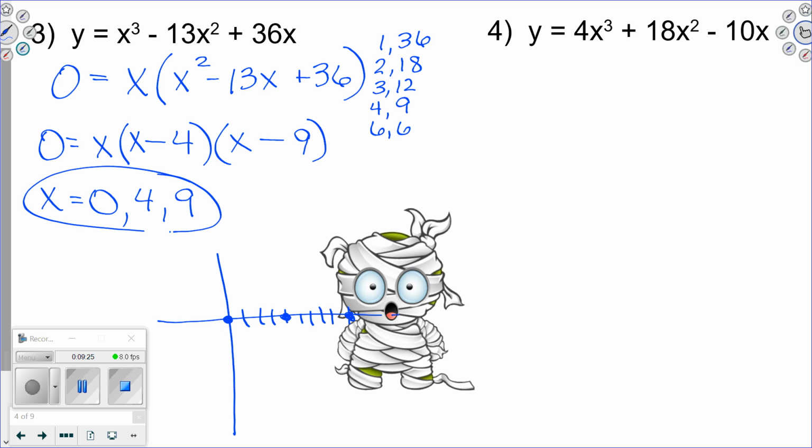All right, what's the end behavior? This is odd and positive. So my end behavior is squiggly up. So again, I need to make a squiggly up that goes through those points. So it goes up and down. How far, I don't really know. But I can give you a rough idea what it looks like.